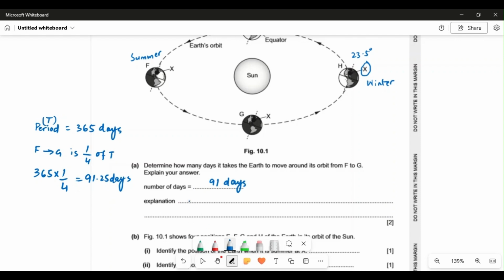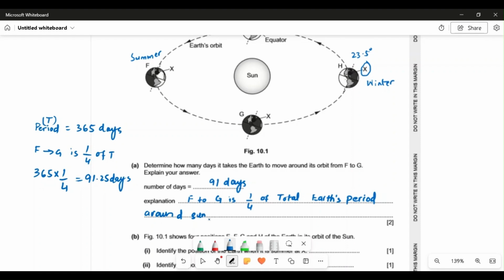Explanation: F to G is one quarter of the Earth's total period around the Sun.